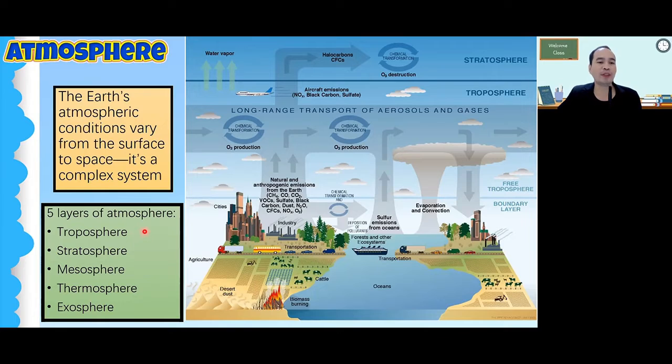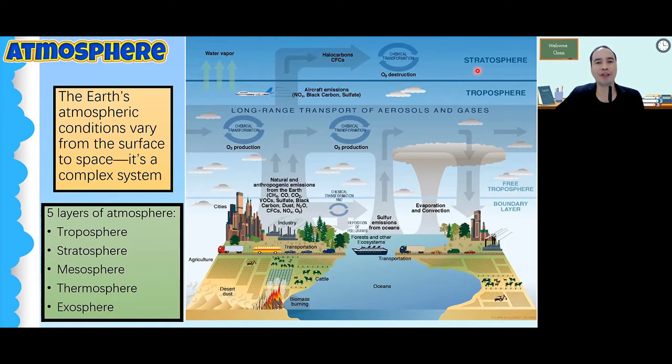So what can we find here? In your troposphere, all of the weather conditions that are happening right now on Earth can be found, like your typhoon, your tornado formation, your snow formation. Everything is happening in your troposphere.